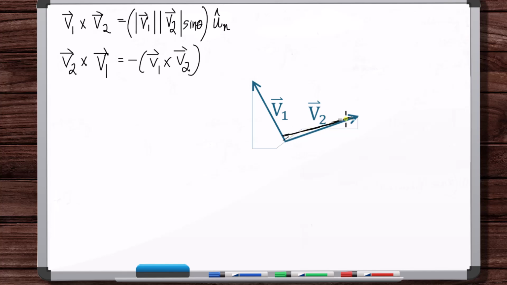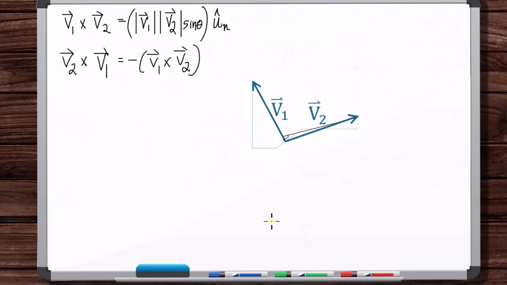The perpendicular sort of moment arm of V2 relative to the line of action of V1. Okay, and so that's V2 sine theta. So what the magnitude then is, this entire group of terms here, is this distance times the magnitude of V1. So instead of this distance times the magnitude of V1, it's this distance times the magnitude of V1.